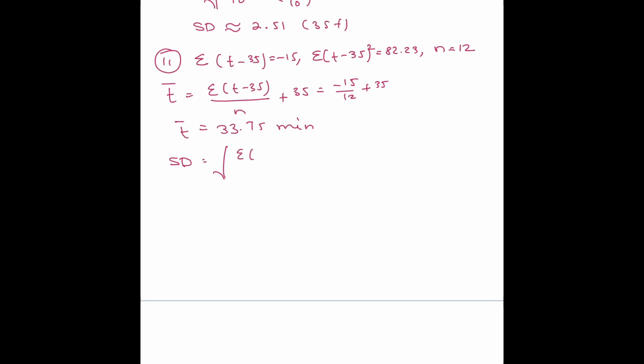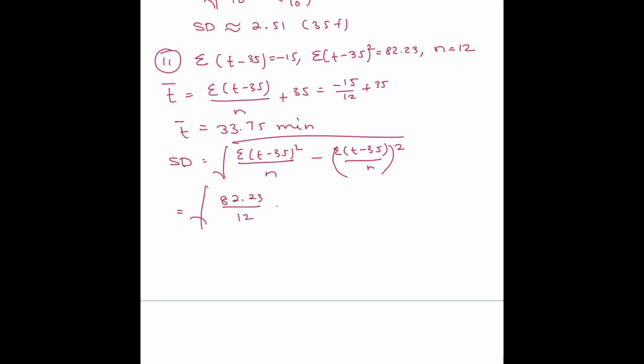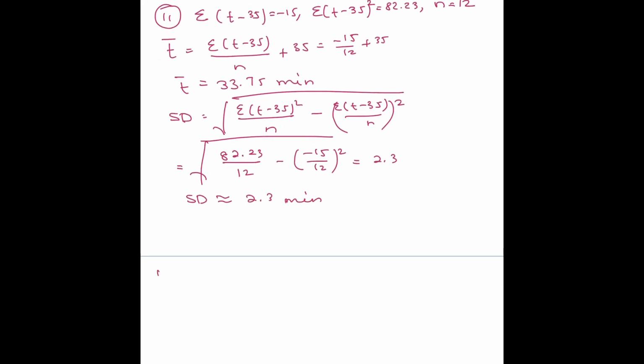Next one, standard deviation, square root of sigma (t minus 35) squared over n minus (sigma (t minus 35) over n) squared. So this is square root of 82.23 over 12 minus (negative 15 over 12) squared, which is 2.3. So standard deviation is approximately 2.3 minutes.